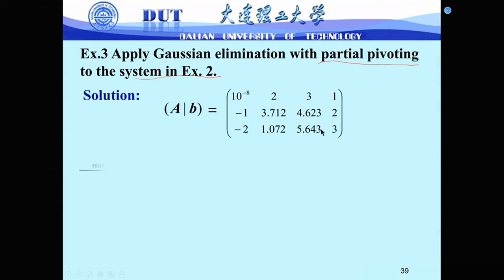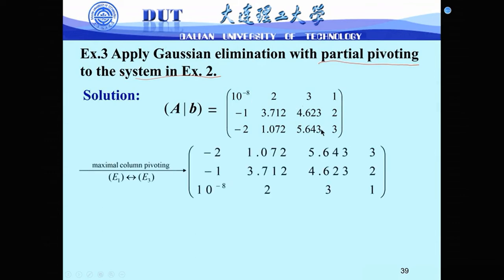Now you should know, partial pivoting means before elimination, in each step, we need to select a new pivot. So firstly, we need to compare the 3 elements in the first column. Which one has the largest absolute value? It's clear, -2, right? -2 has the largest absolute value.